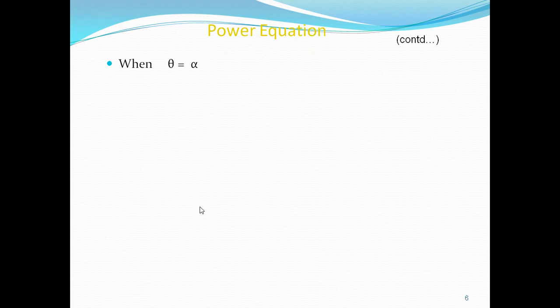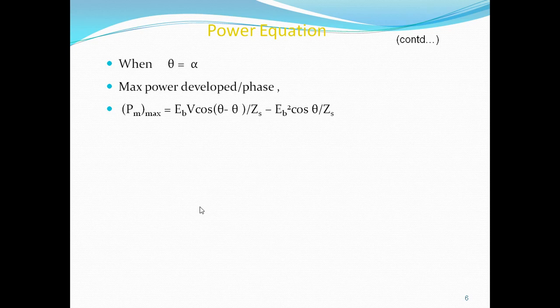So when theta is equal to alpha, this is the condition where the power is maximum. To get the maximum power, we have to substitute this theta value as alpha. So the maximum power developed per phase Pm is equal to, wherever we have alpha, we substitute theta.